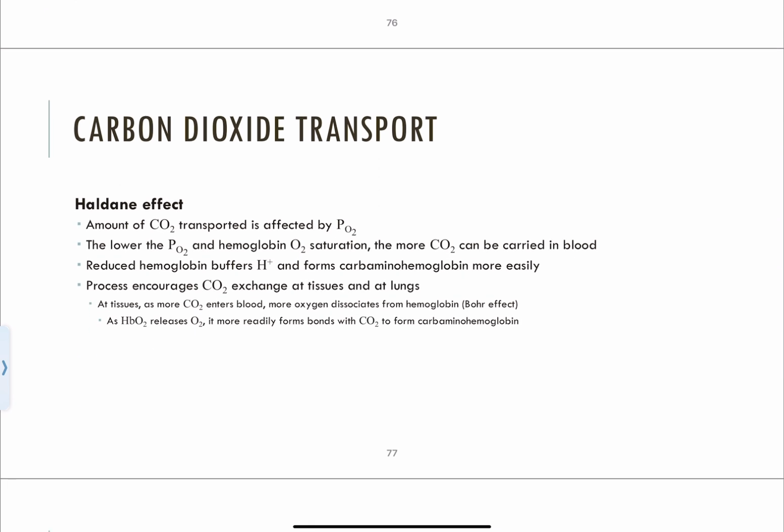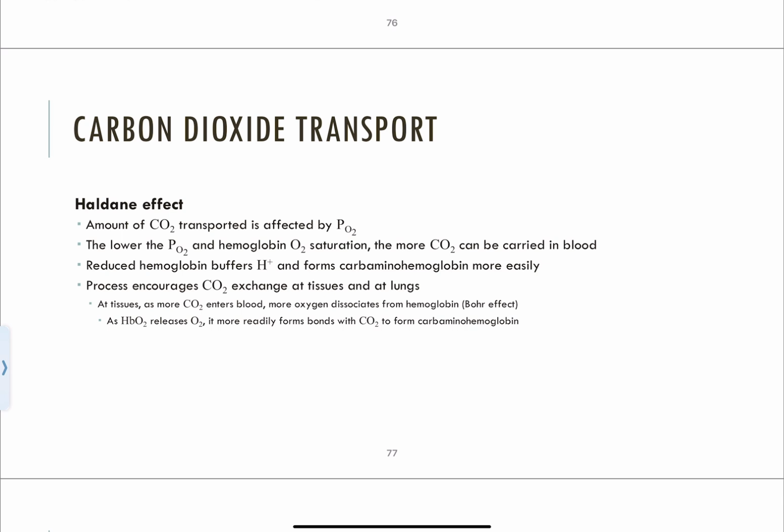So we have something called the Haldane effect. The amount of carbon dioxide transported, like I mentioned previously, is going to be affected by the partial pressure of oxygen itself. The lower the partial pressure of oxygen, the lower the saturation of our hemoglobin with oxygen.